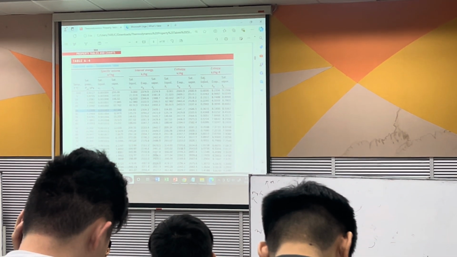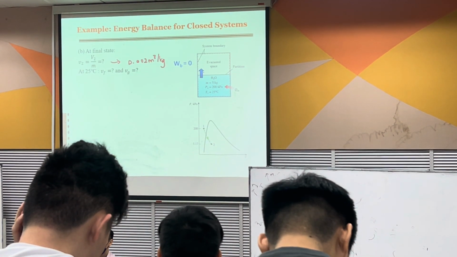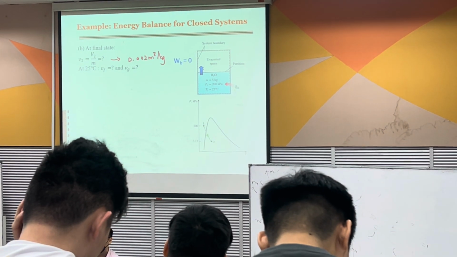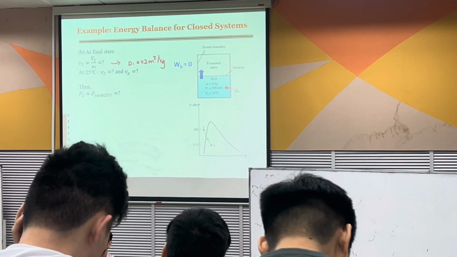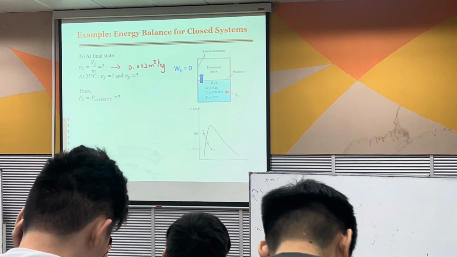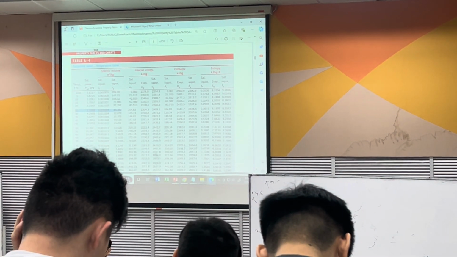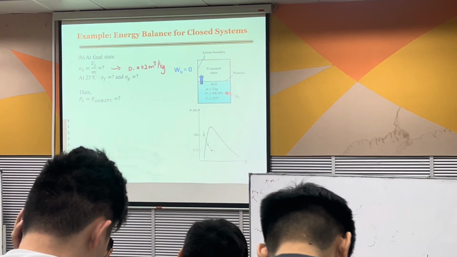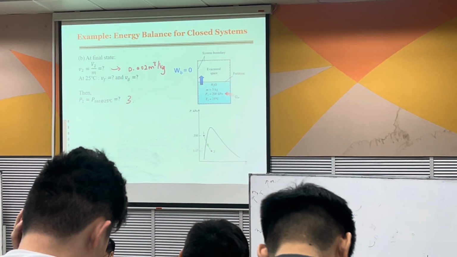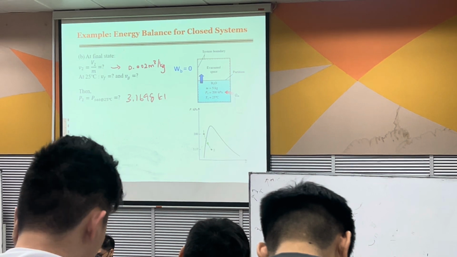So if it is a mixture, then we know that P2 will be P saturated at 25 degrees Celsius. So in this case, if you go back here, it will be 3.1698. So this will be 3.1698 kilopascal.